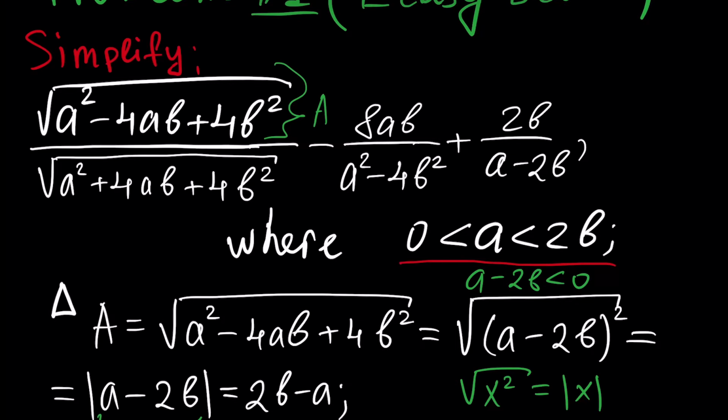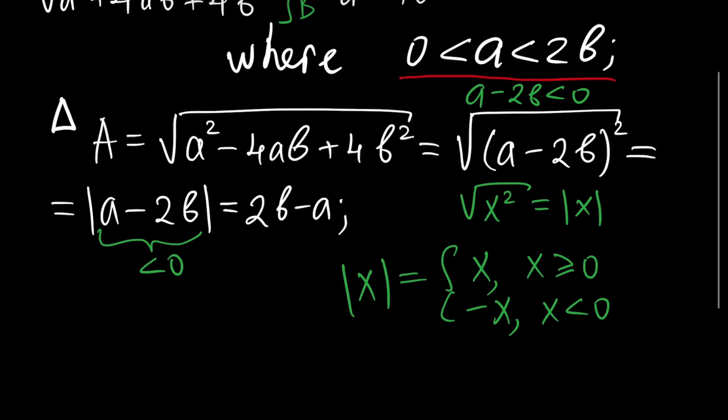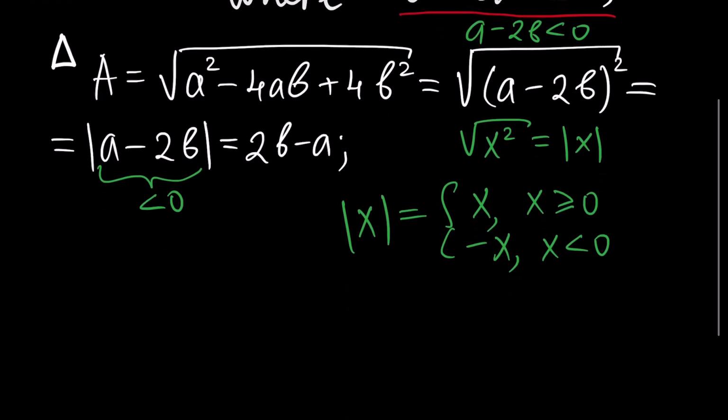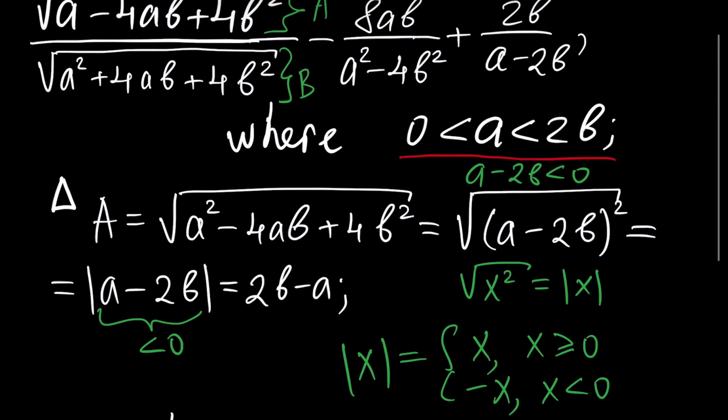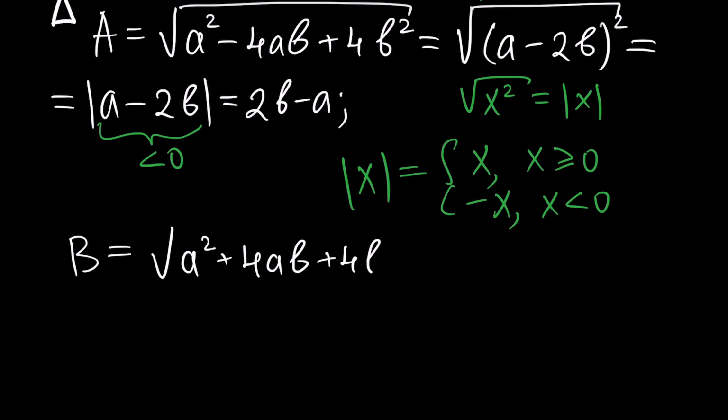And using the same technique, we can simplify the denominator of our fraction, which we call B. B is equal to the square root of a squared plus 4ab plus 4b squared.